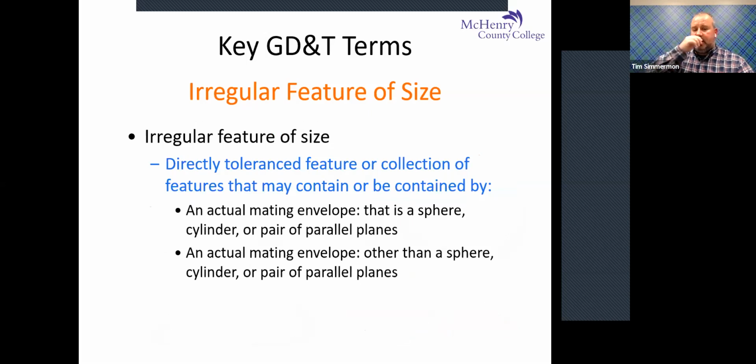On the opposite side of that, what's an irregular feature of size? An irregular feature of size is a directly toleranced feature or collection of features that may be contained by different features. One of the easiest examples, something you've all probably dealt with, is the lug nuts on a wheel of your car.